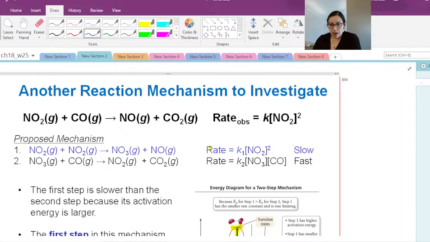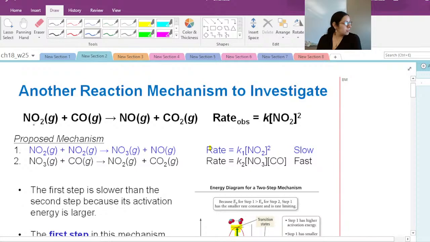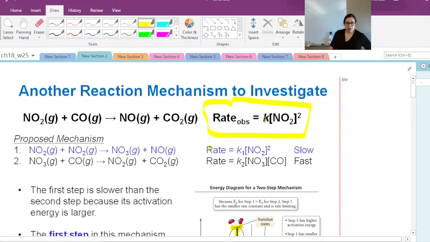And so now we have our reaction. Nitrogen dioxide plus carbon monoxide gives us nitrogen monoxide plus carbon dioxide. And this is our rate law observed. So again, chapter 17 stuff now. This is what we observe from our reaction, obviously determined experimentally. At some point, someone saw some data and got this, they didn't just pull it out of thin air.